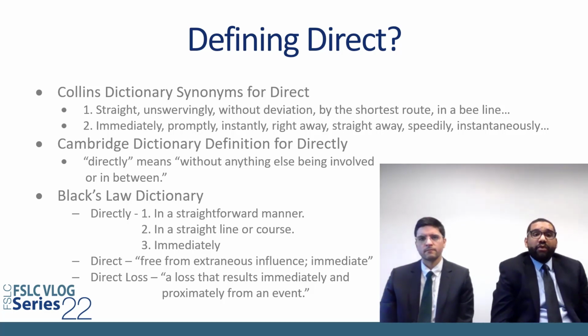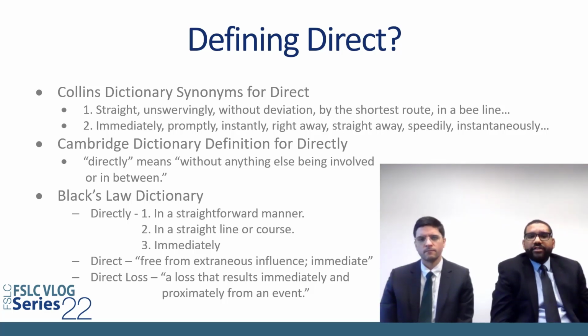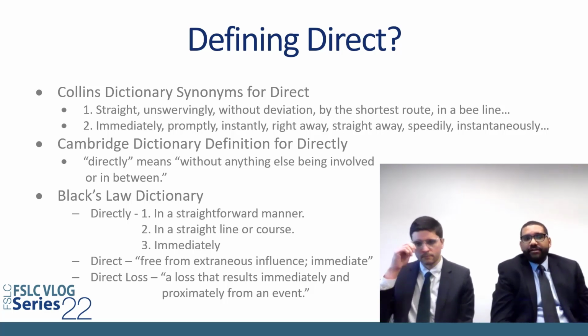Lastly, probably most importantly, Black's Law Dictionary defines directly as straightforward or straight in line of course. Also defining direct as free from extraneous influence. And then lastly, direct loss is defined as a loss that results immediately and proximately from an event.